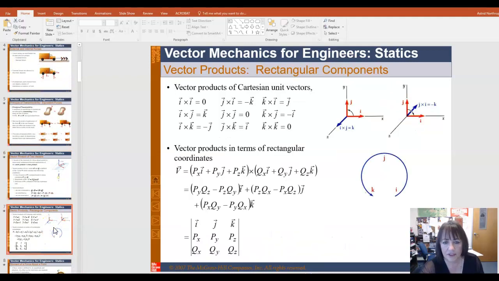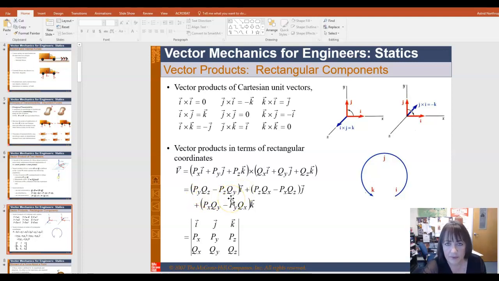So this is just a description of the right-hand rule and forming vector products in terms of rectangular coordinates. In the most general sense, we could call that vector P, P sub x i plus P sub y j plus P sub z k, and similarly for Q. Then we would find that the i, j and k components of that vector break up into alternating parts. Like if it's the i part, the x part, only the y's and z's will apply.